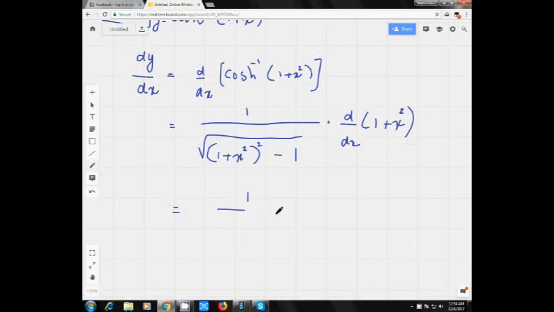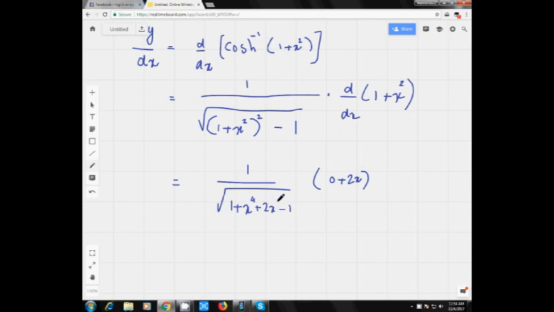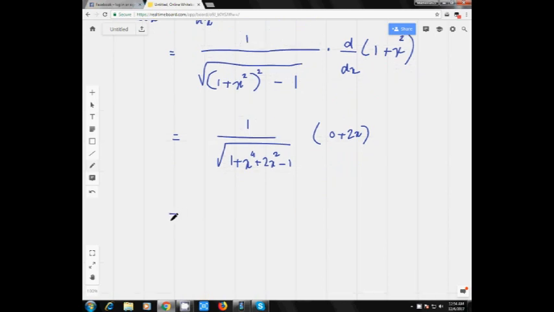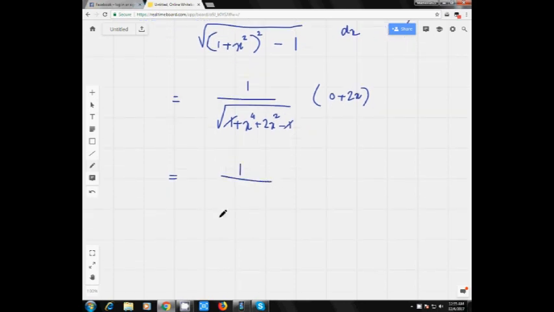Next we have to just simplify it. Plus 2x minus 1, 0 plus 2x, x square is going to be taken common, and it is x square plus 2 times 2x.